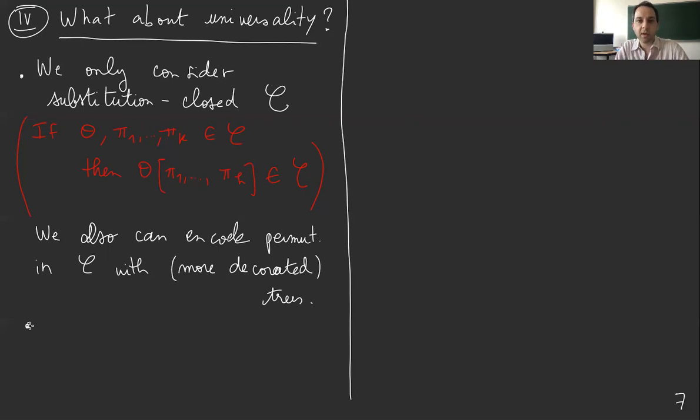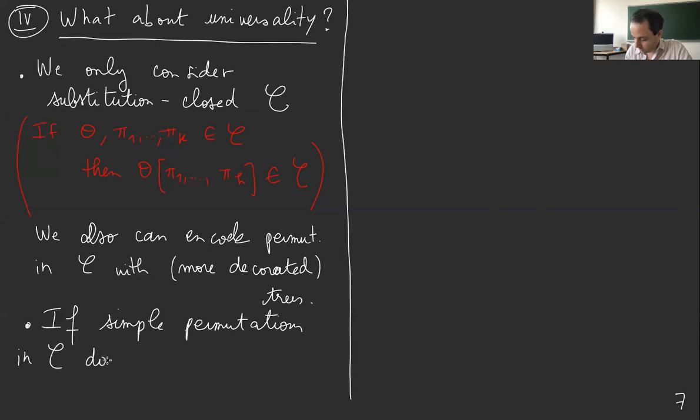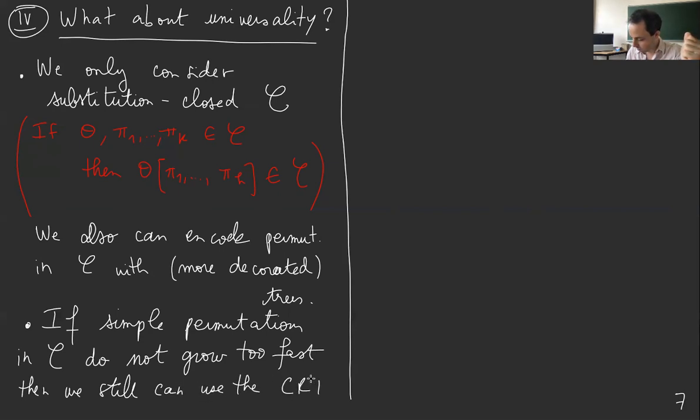Now the second point is that if in C the family of simple permutations does not grow too fast, I mean the cardinality of the simple permutations in C does not grow too fast, then these decorated trees are still well approximated by Aldous's CRT.